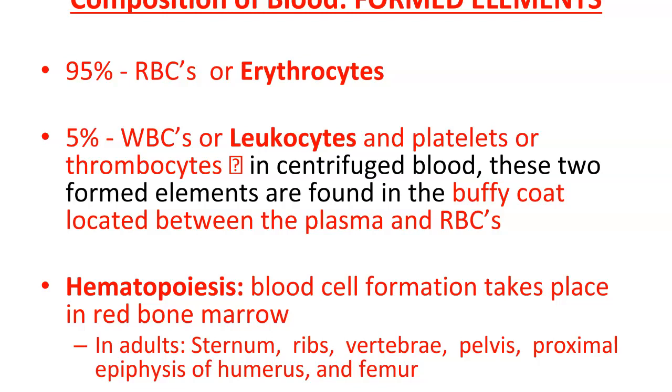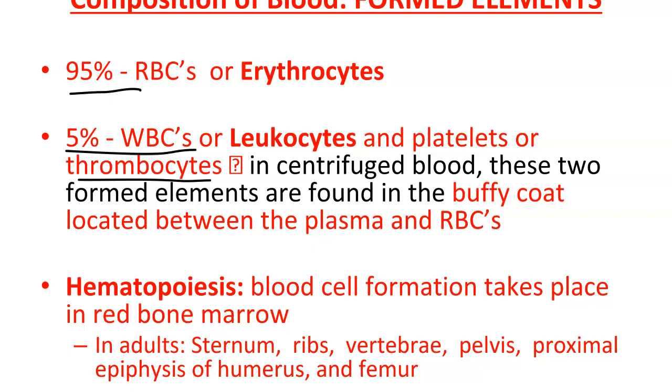The 45% of blood called formed elements is comprised mostly of cells called red blood cells or erythrocytes, which represent 95% of formed elements in blood. 5% represent white blood cells or leukocytes. And thrombocytes, which is another term for platelets.